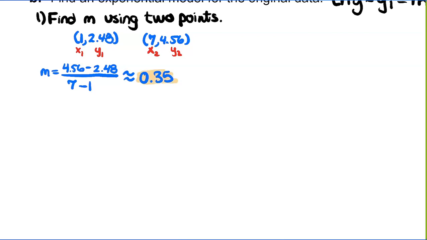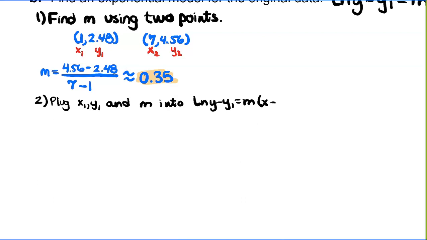My second step now is going to be to find the equation. So I'm going to plug x1, y1, and m into ln(y) minus y1 equals m times (x minus x1), and solve. The solving part is a bit of work. So we're plugging in here, here, and here.